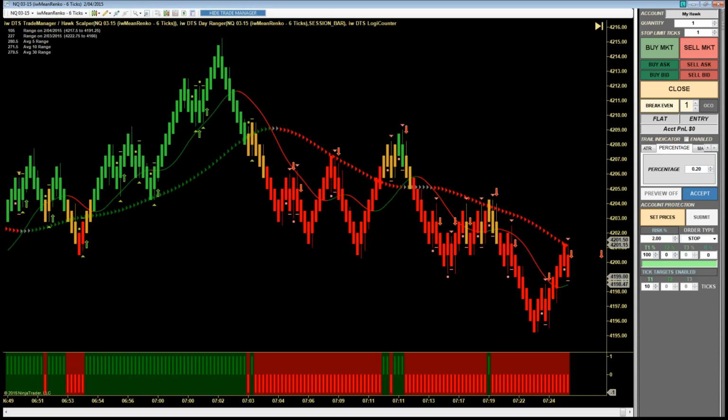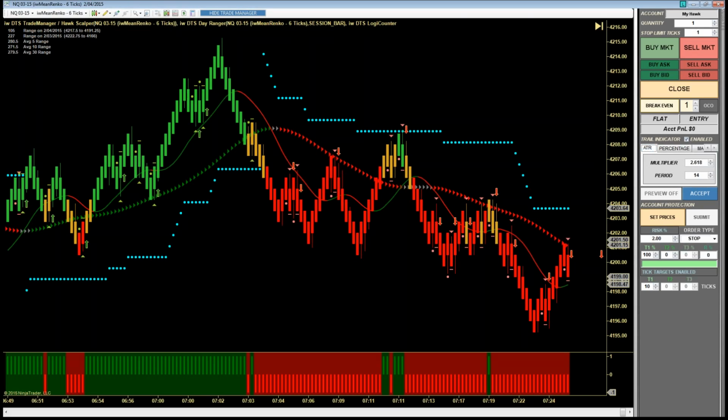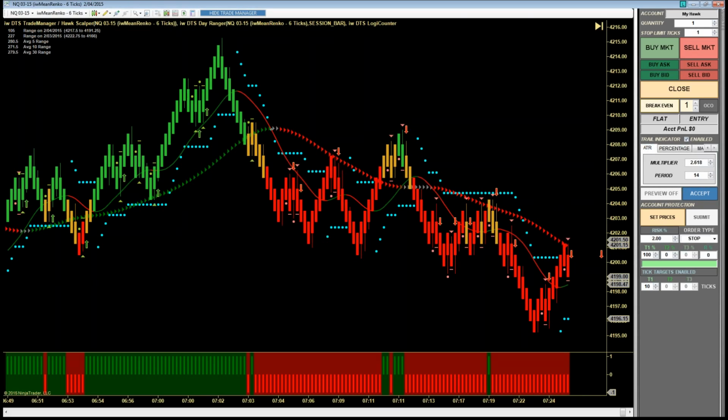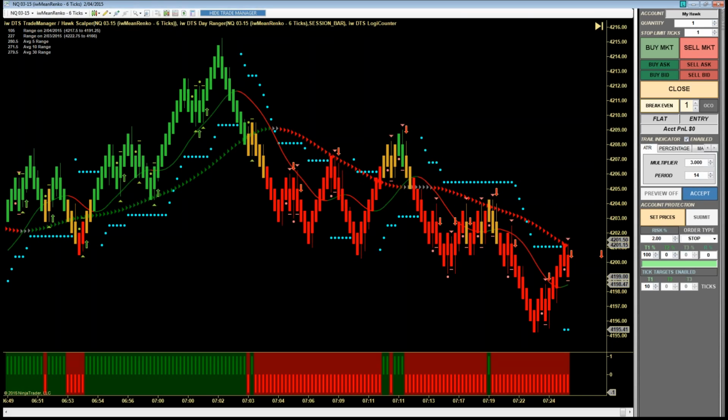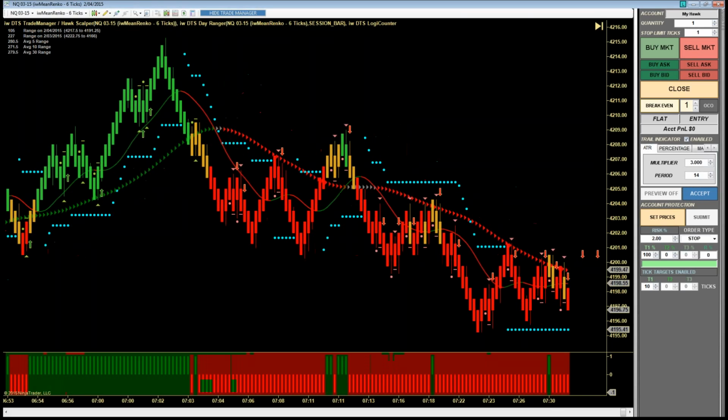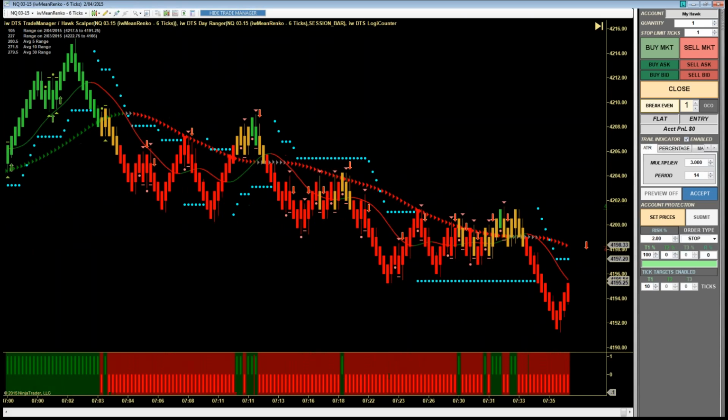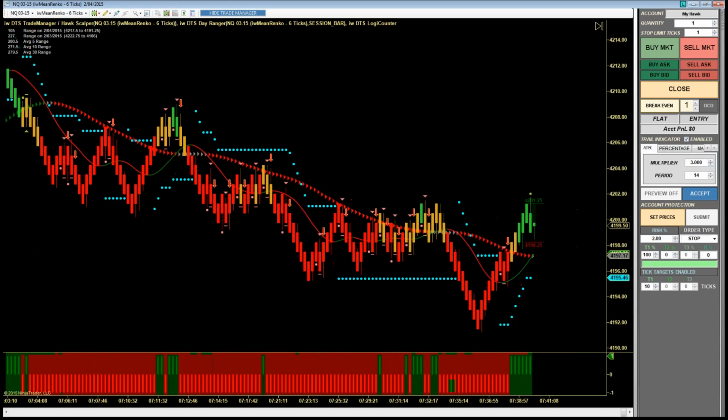Instead of waiting for a high probability signal like the macro pullback signal here, you're taking poor signals and you're not employing good money management. You're risking far more than you can afford to lose. That should be obvious. And you don't have any management skills.